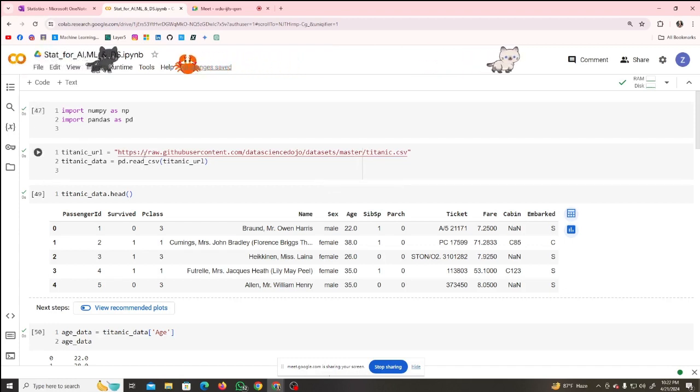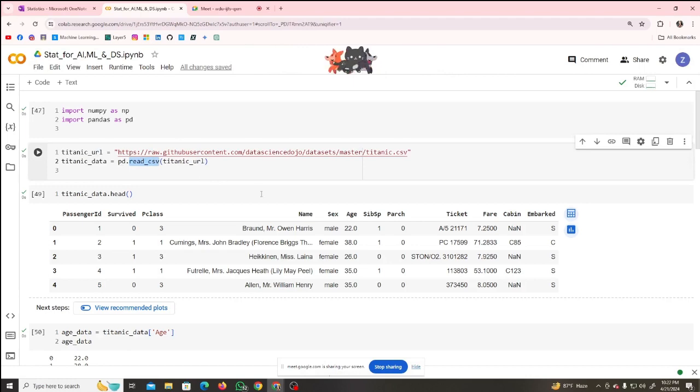So we got the URL over here, and then Titanic data equals pd.read_csv. We're using pd as pandas, and read_csv reads the file of the Titanic survivor rate dataset.